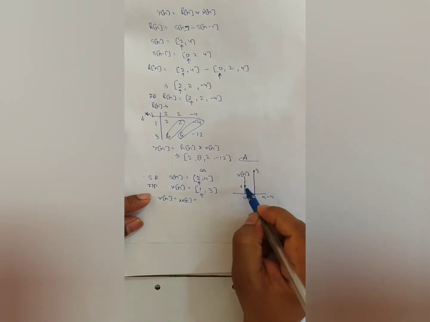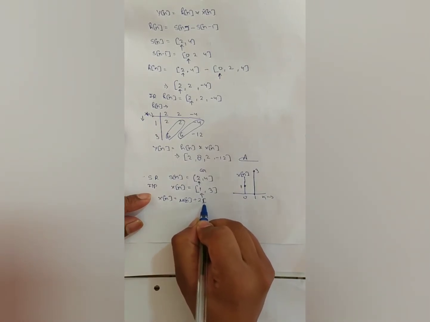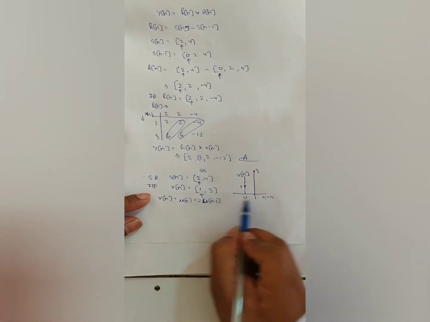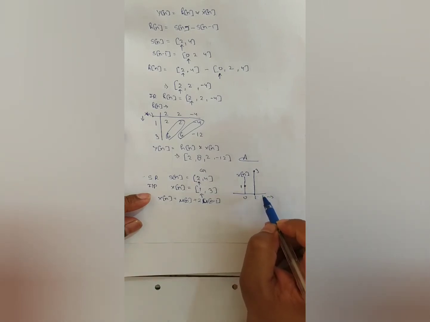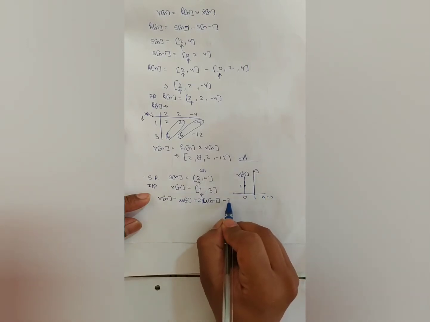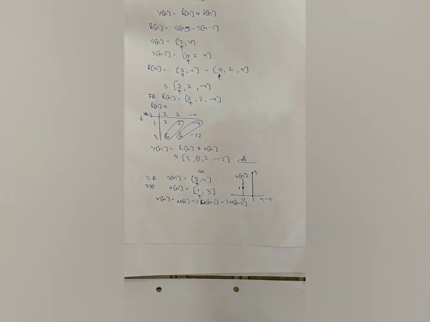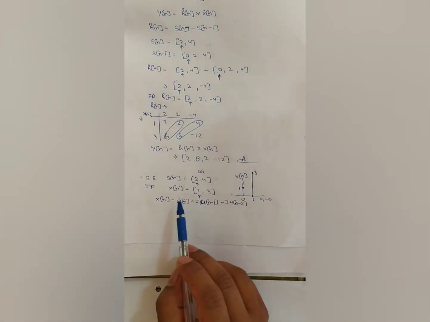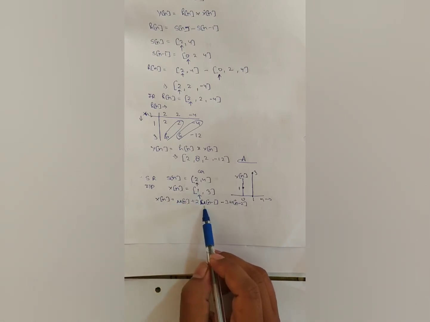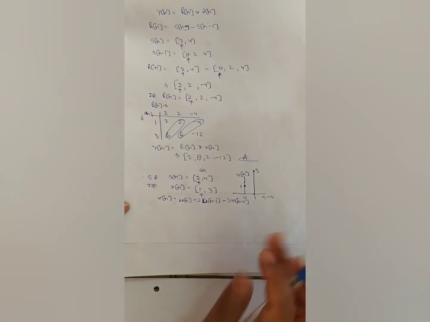Plus their difference, 3 minus 1, is 2, so 2 u[n-1] from position 1. After that, from the second position it becomes 0, so the total addition is 3, therefore we have to subtract 3 u[n-2]. So the input is represented by u[n] plus 2 u[n-1] minus 3 u[n-2].